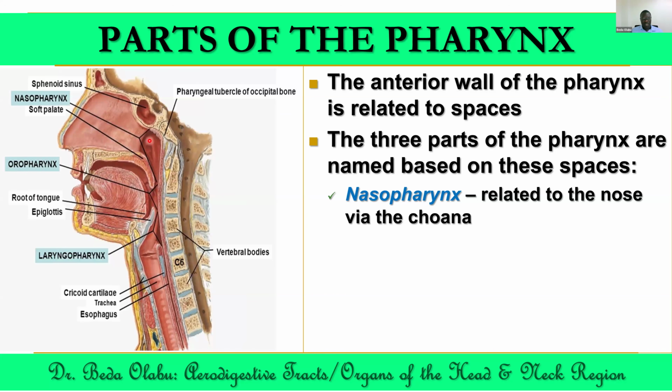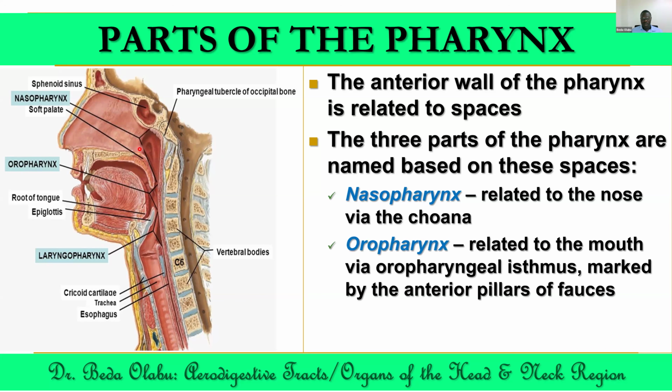That's the nasopharynx still. That's where we expect the choana. The oropharynx is related to the oral cavity, this region, so that what we can see here is that it's extending from somewhere there to somewhere there.